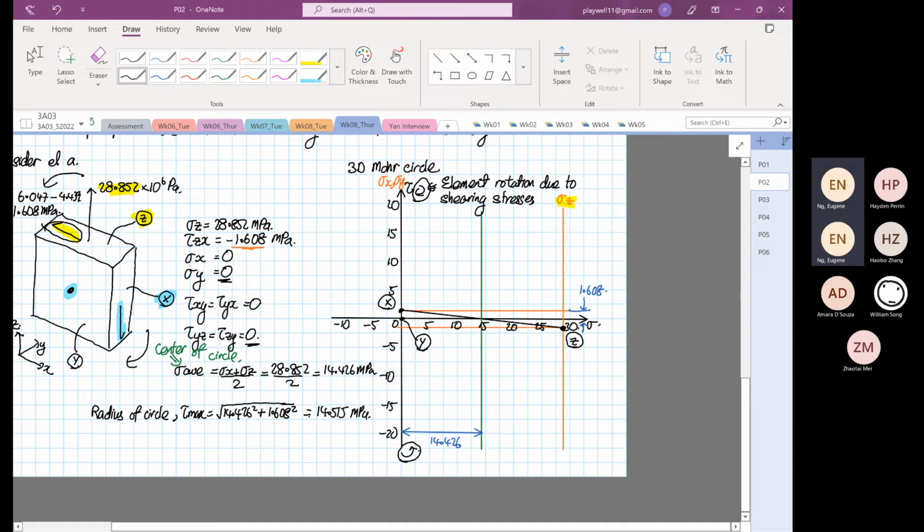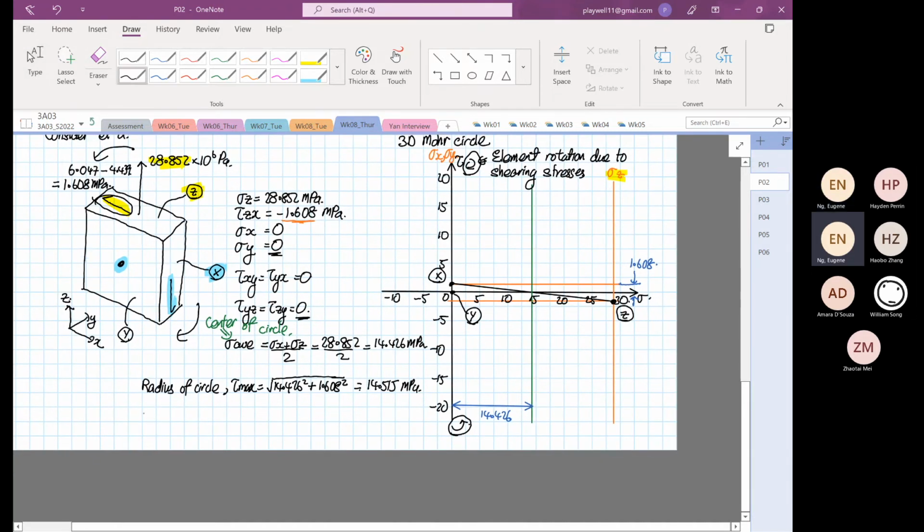Okay. So from here we can calculate our principal stress, which is equal to 14.426 plus minus 14.515.